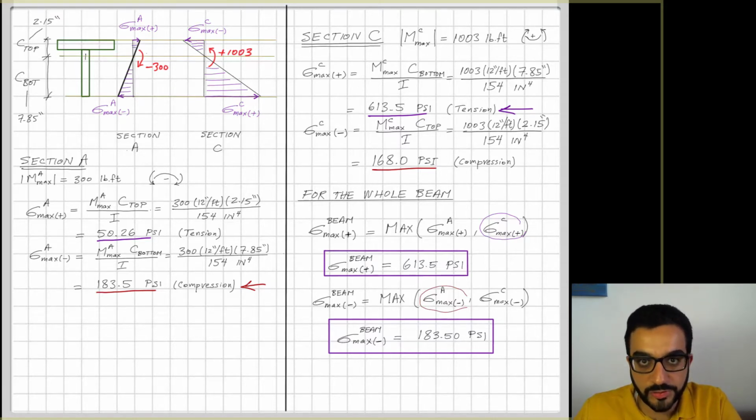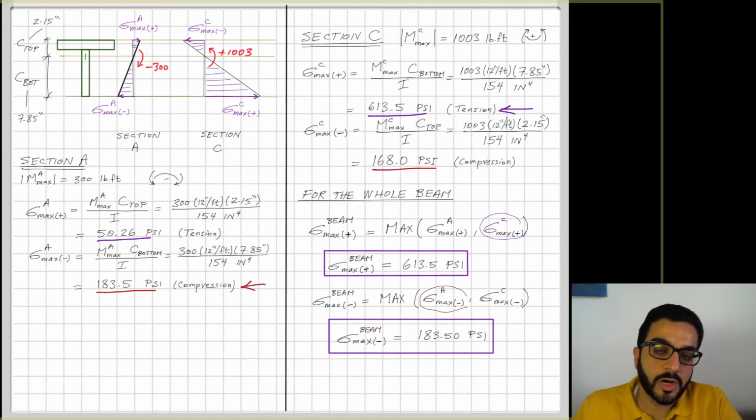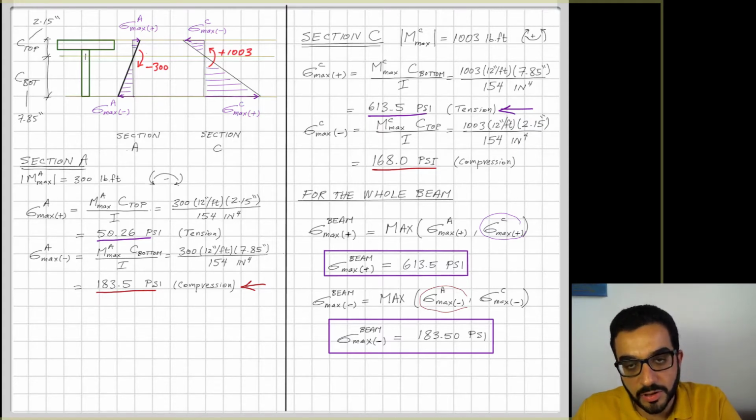You have a non-symmetrical beam, and you have both positive and negative moments along the length of the beam, and you want to differentiate between maximum positive and negative stresses, because probably a material will have different capacities for compressive and tension normal stresses. So this is why it's a very generic example.